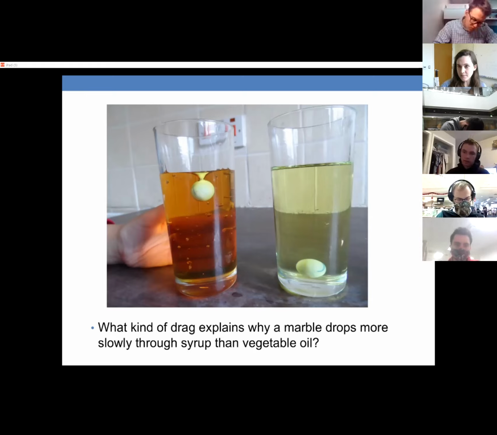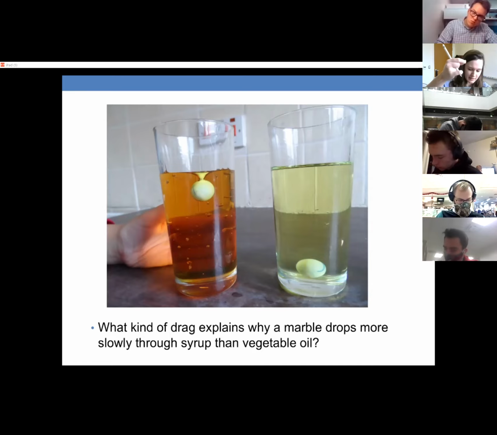Have you actually done ball drop viscosity problems before? The reason a ball drops more slowly through syrup is because the syrup is more viscous. It's the friction drag that has to do with viscosity. More viscous things give more friction drag. So in this case, this would be friction drag, and it happens because you're dropping it in, so it falls slowly and viscosity is high.